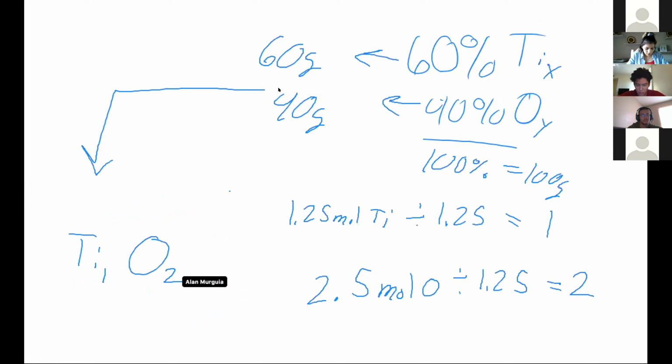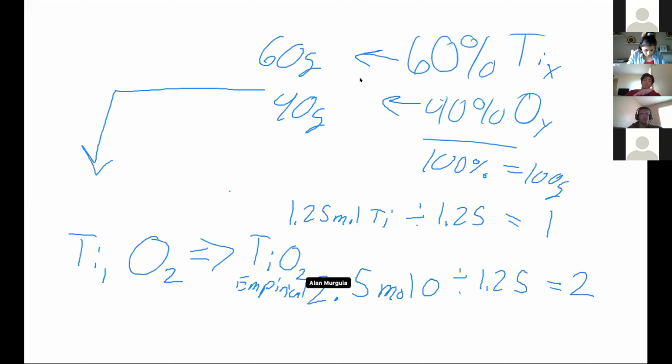Since a subscript of 1 doesn't need to be included, the element being there already denotes it. So you would have TiO2, and this would be your empirical formula. Remember, this isn't your molecular formula, this is your empirical formula. Does that help answer any questions?